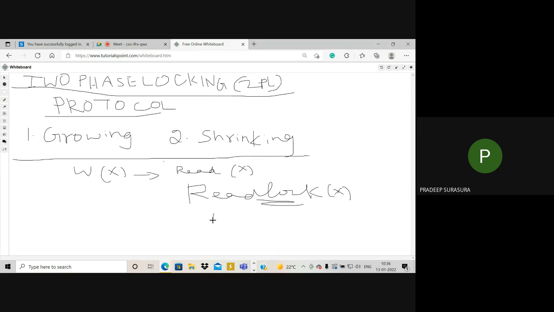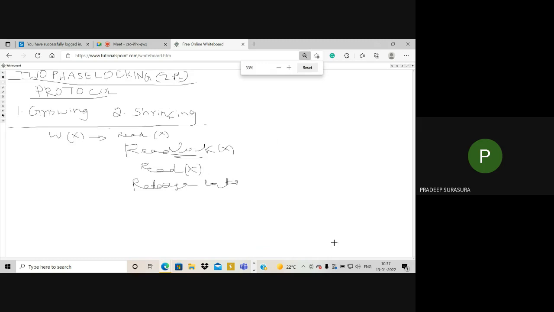So the data read has to happen. So read the data now. After reading, release all the locks. Are you able to understand now? I should release all the locks at once. Not even a single process should hold a read lock before I go for the write lock.